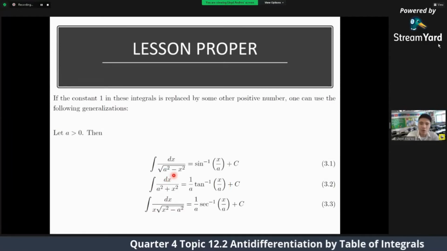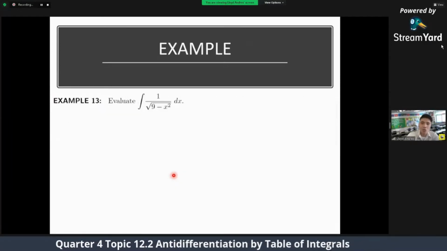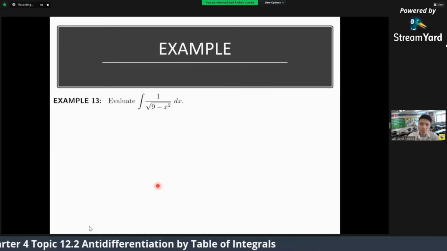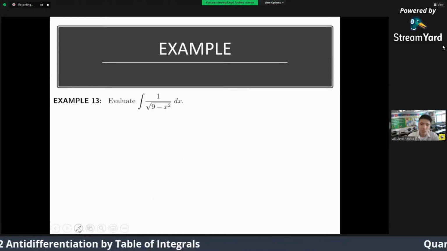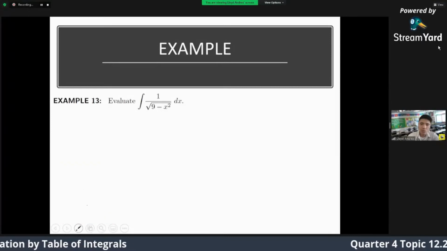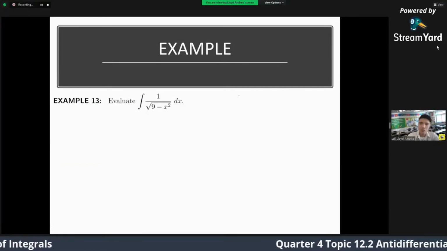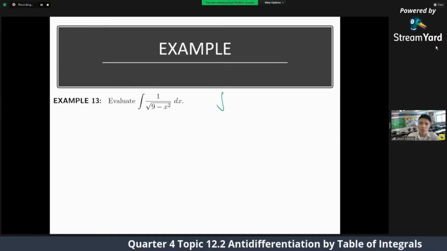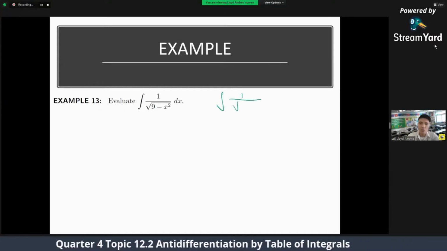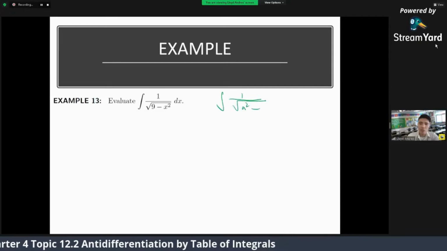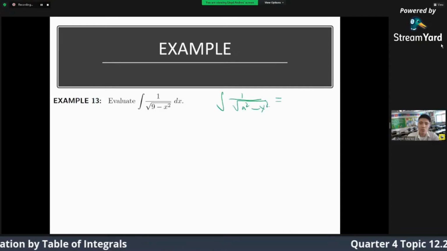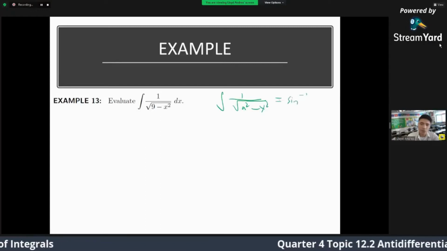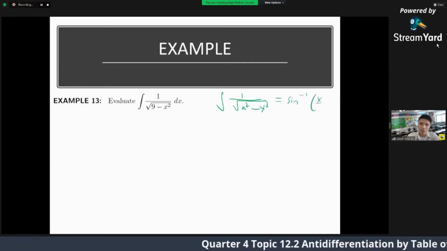So, therefore, this is in the form nga integral of 1 over square root of a squared minus x squared, which is equivalent to inverse sine of x over a plus c.